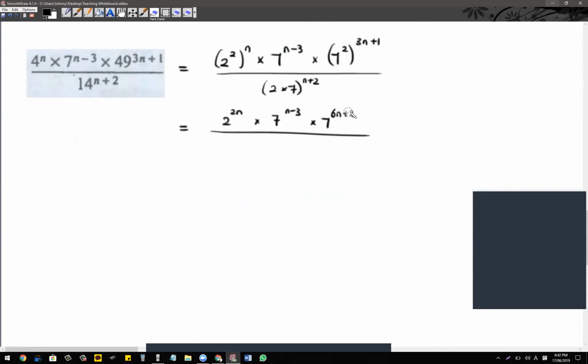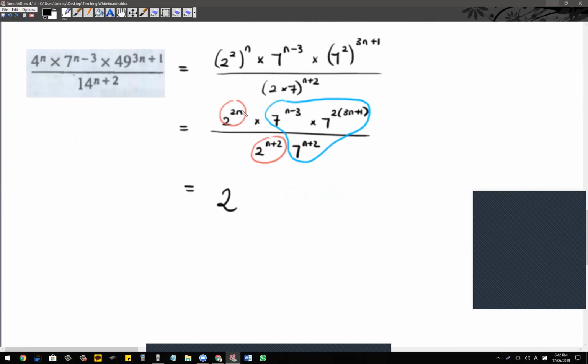Or if you don't want to skip any step, you can just do a bracket, 2 bracket, 3n plus 1. This one is 2 to the power of n plus 2, 2 to the power of that, and 7 to the power of n plus 2. So here you can do this one, and these ones here. So it'll be 2 to the power of 2n minus n plus 2, and 2n minus n plus 2.